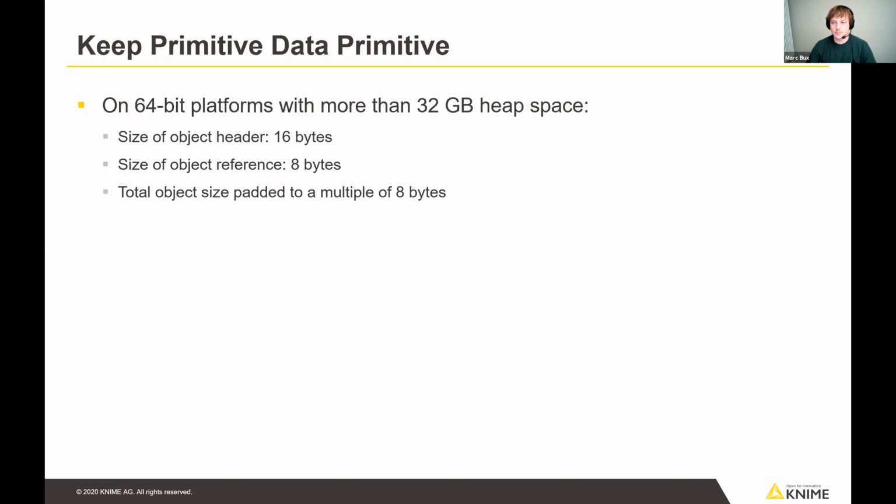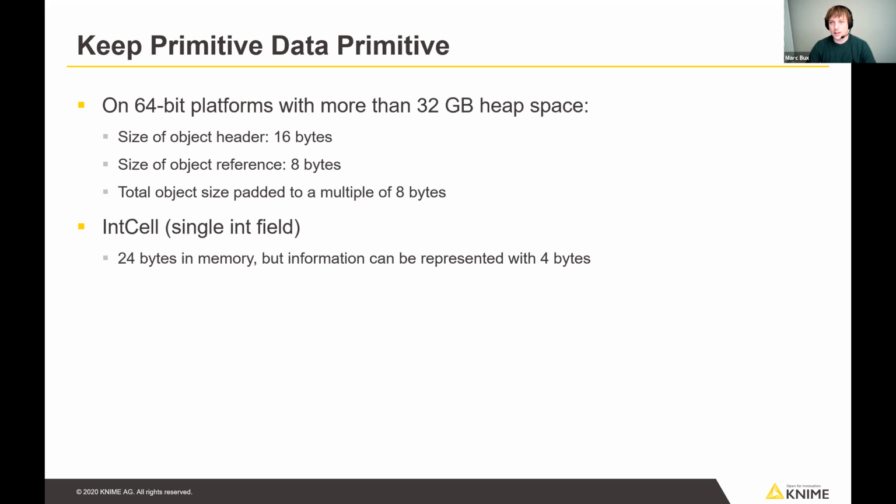So what does this mean? In Knime, a very basic type is an int cell, which is just a cell that holds an integer. And every cell in Knime currently is represented by its own object of type IntCell, or its own IntCell object. As you can see, this IntCell just holds a single value, a single 4-byte int, but still it takes up 24 bytes in memory because it needs the object header and this 4-byte int, and it is then padded to a multiple of 8 bytes, so that makes it 24 bytes in memory.